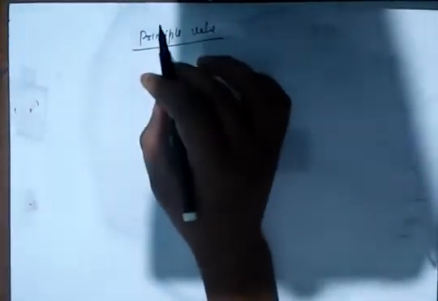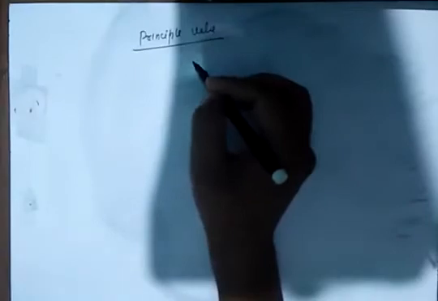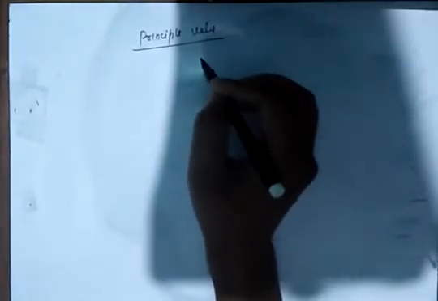Principal value is nothing but the least rotation, whether you go in the clockwise or anti-clockwise direction, in which the entire range of values of the trigonometric function is obtained. That least rotation is called the principal value.